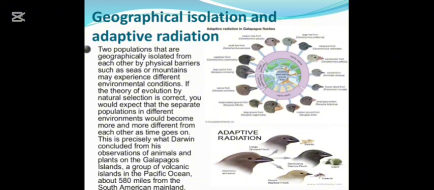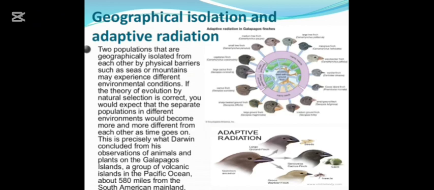If the theory of evolution by natural selection is correct, you would expect the separate populations in different environments to become more and more different from each other as time goes on. This is precisely what Darwin concluded from his observations of animals and plants on the Galapagos Islands, a group of volcanic islands in the Pacific, about 580 miles from the South American mainland.